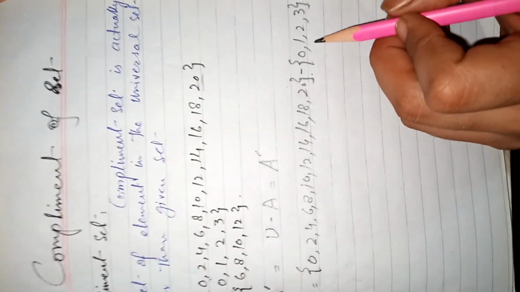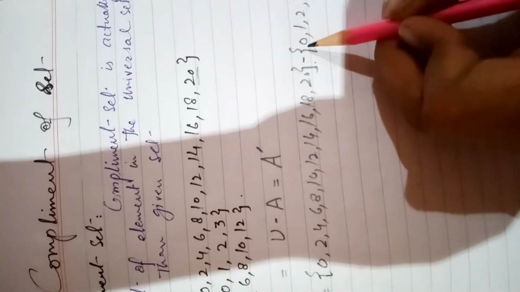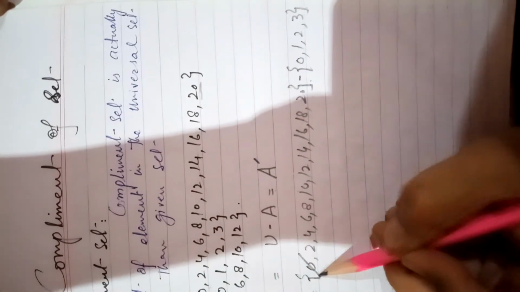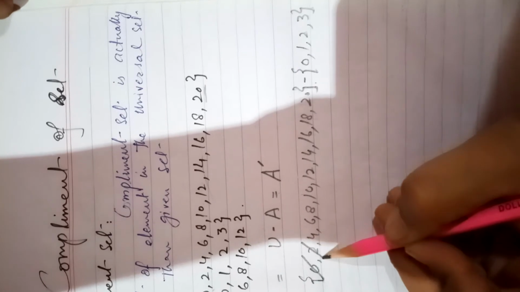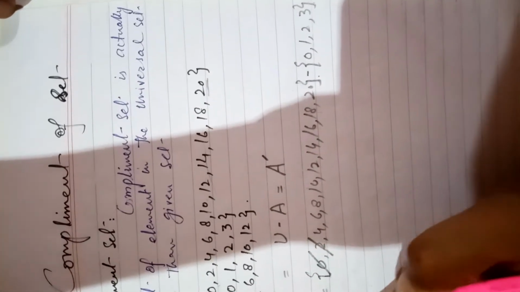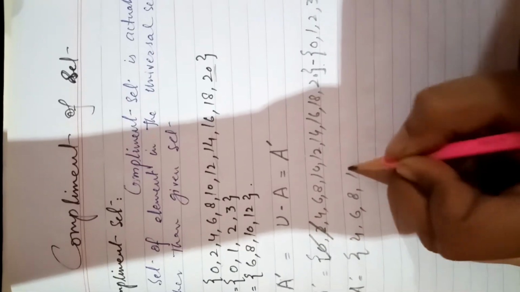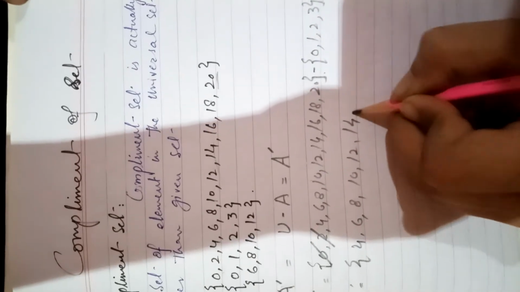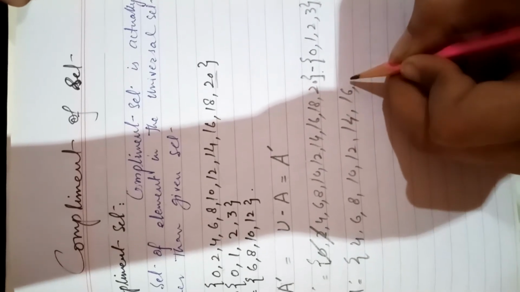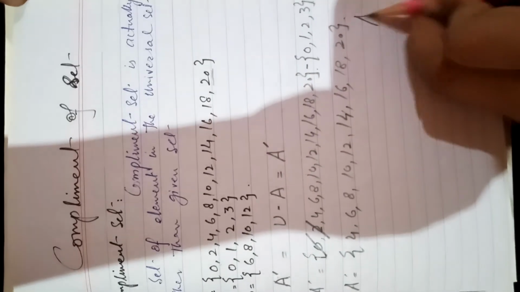We have to cut the same elements from the universal set. 0 is the same, so we will cut 0, and 2 is the same, so we will also cut 2. The remaining elements from the universal set, 4, 6, 8, 10, 12, 14, 16, 18 and 20, are called the A complement. This is our answer.